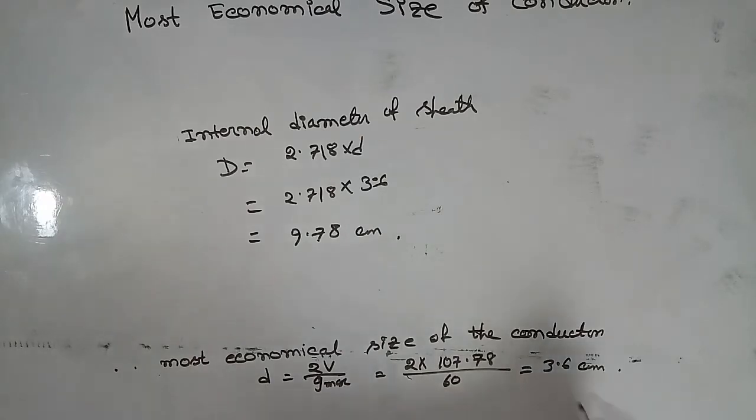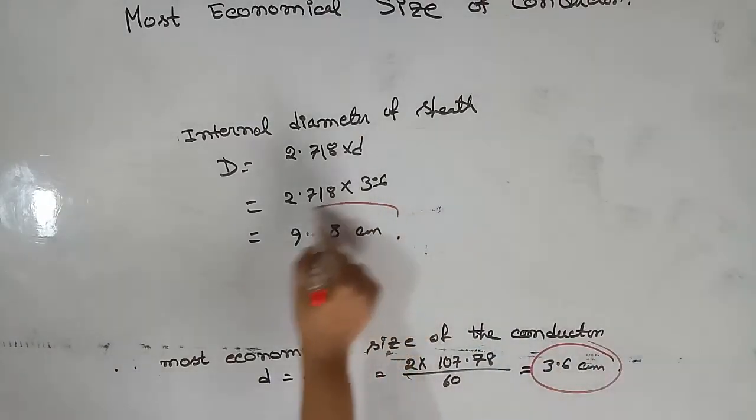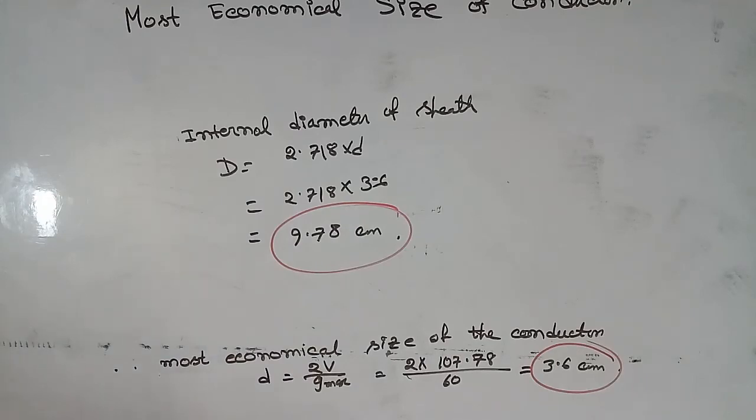So the cable should have a conductor diameter 3.6 and internal sheath diameter 9.78 centimeter.